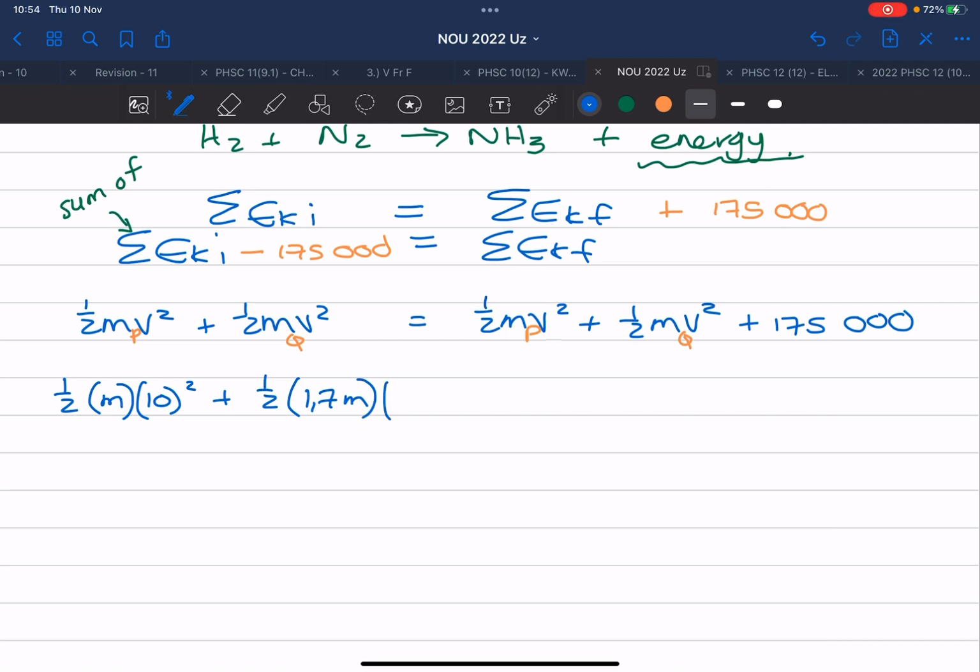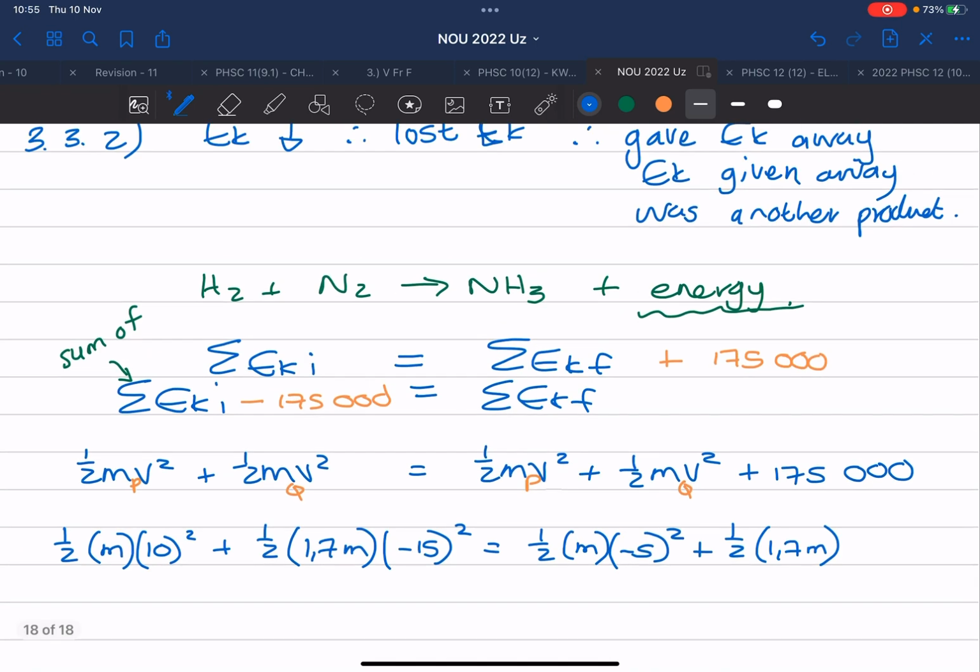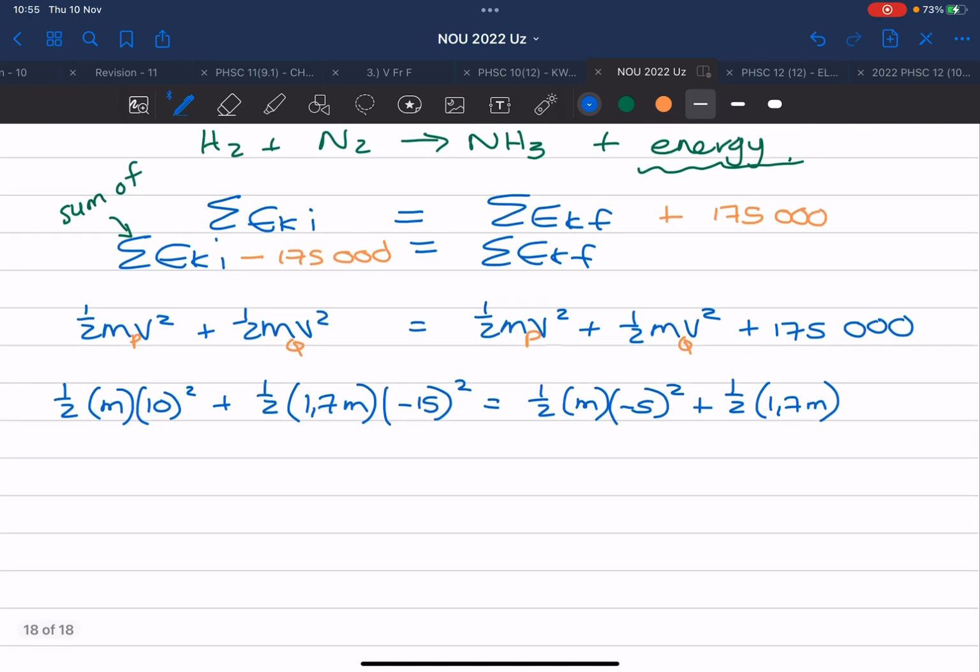And Q's velocity was negative 15 squared. Yes, you must. Okay, a half, and then we again have m, and then P's velocity at the end was negative 5. Plus a half, and then we have 1.7 m. And we just calculated Q's velocity at the end, and that was actually negative 6.18 squared plus 175.